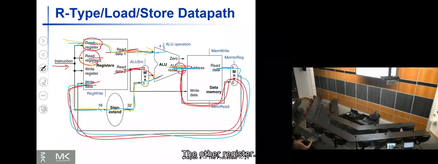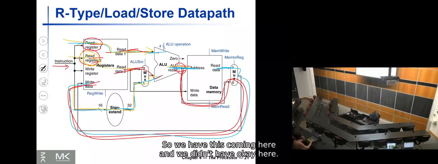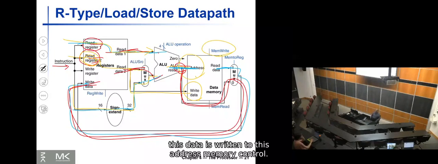The other register is the data here. So we have this coming here, and this. Okay, here. This goes to data memory, and this data is written to this address with a memWrite control.